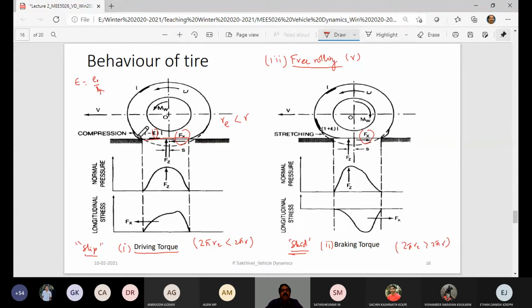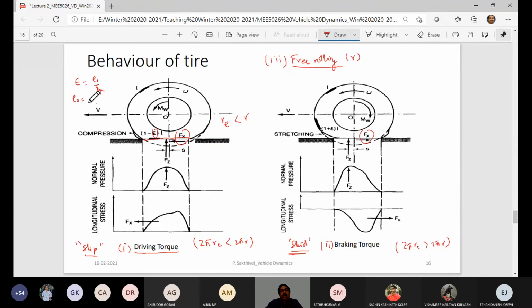This lambda is the length of the tread under compression just in front of this, and this epsilon value is constant in the contact patch, whereas here it is proportional to this smaller length. Strain is change in length, or elastic deformation, by the length. So I could define this E naught, which is the elastic deformation in front of the contact patch, as lambda times epsilon.